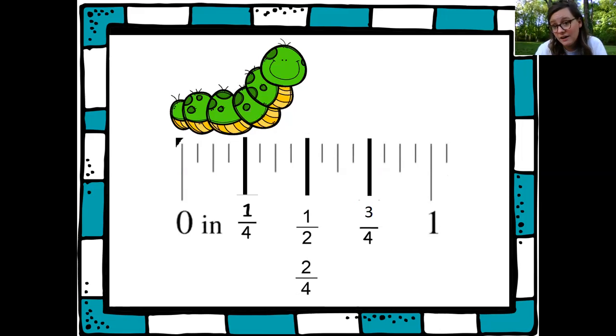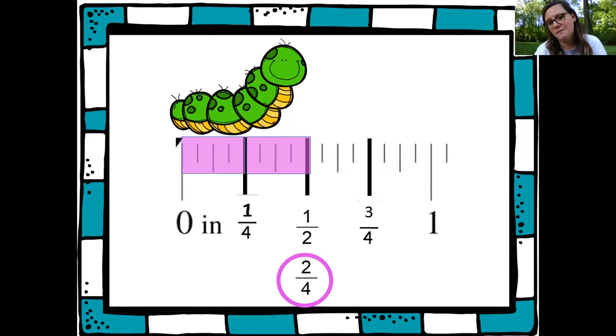Well, if we continue counting in fourths, he's bigger than 1/4. It looks like he's right at 2/4. But I noticed something. On the line where it says 2/4, it also has another measurement. It also says 1/2. I see on my screen I have 1/4 here and 1/4 here.